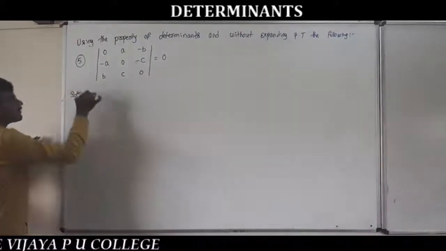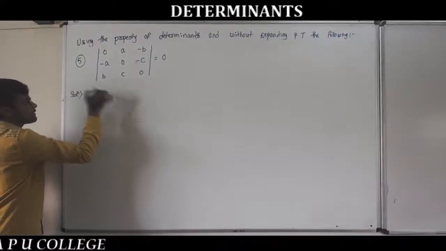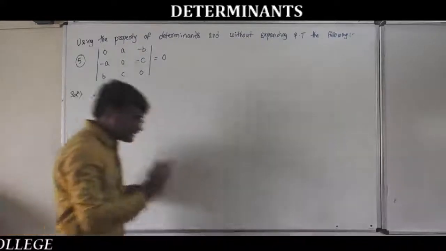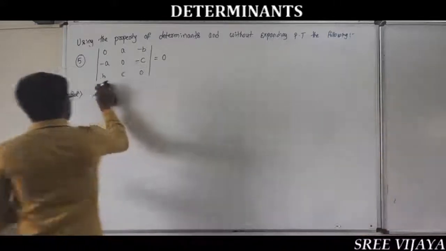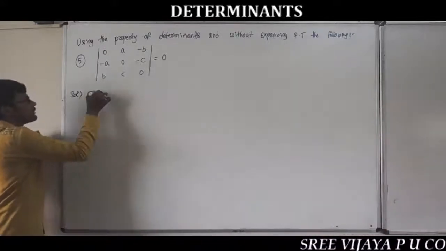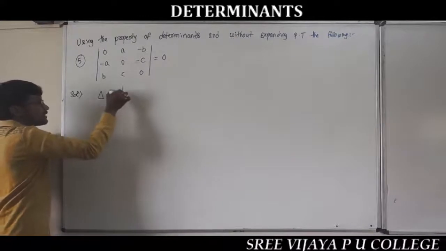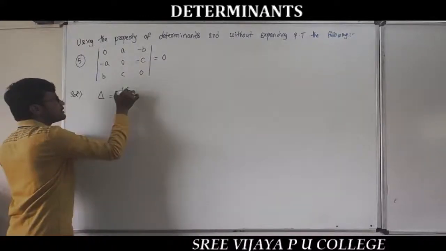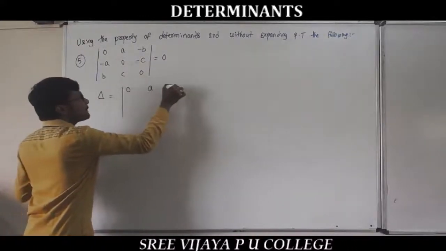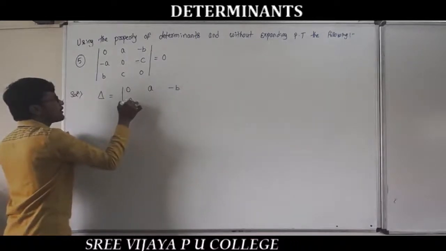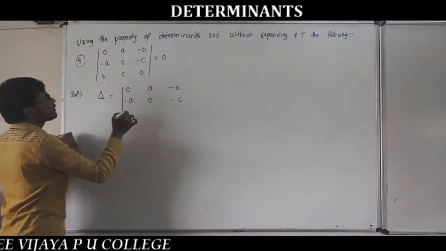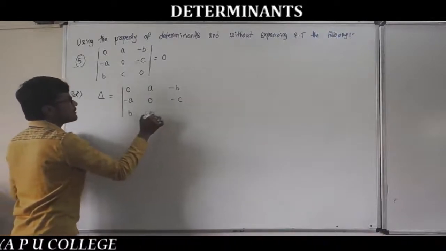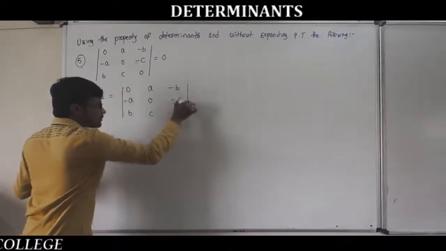For that, I will take the LHS, or let us take that determinant as delta. So what is delta? Delta is the determinant with rows 0, a, minus b; minus a, 0, minus c; b, c, 0.